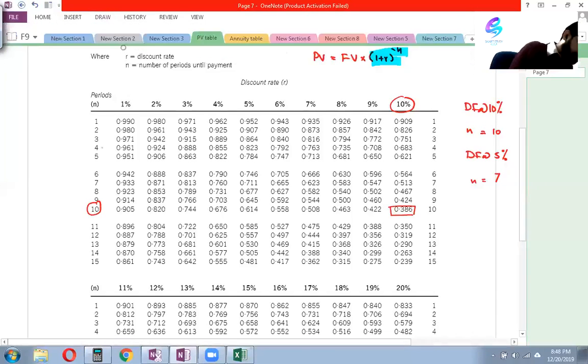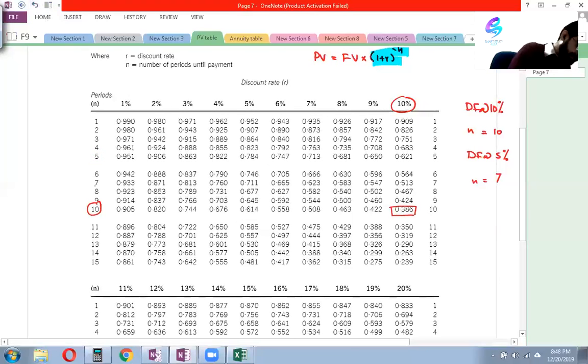So you'll have 5%, sorry, 7 years and 5%. So the value will be 0.711. If you want to do it in the calculator, of course, you're going to get exactly the same answer.